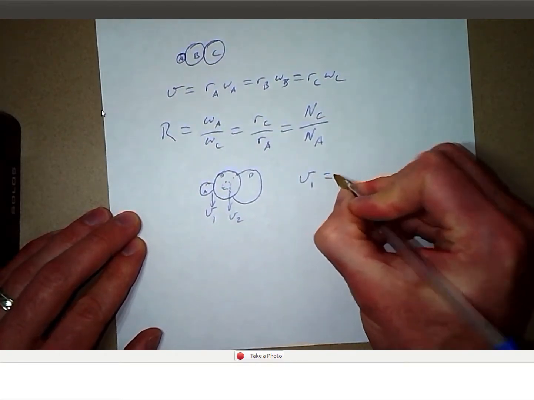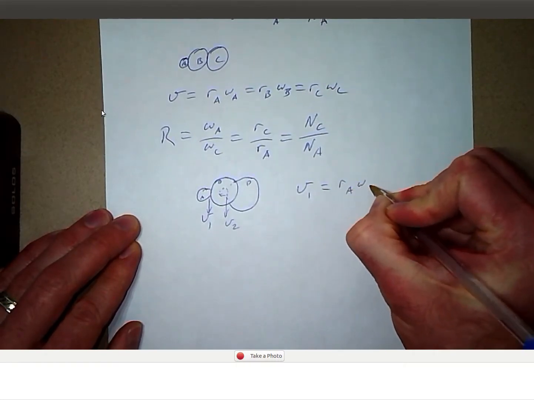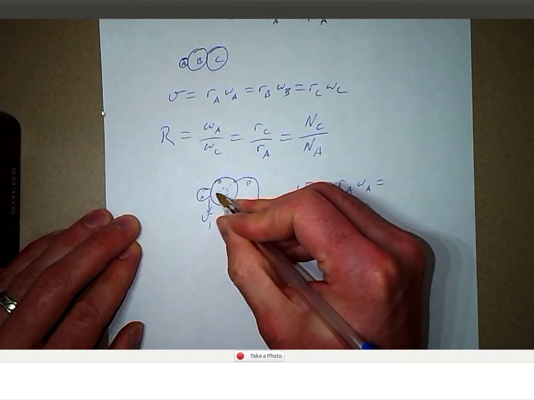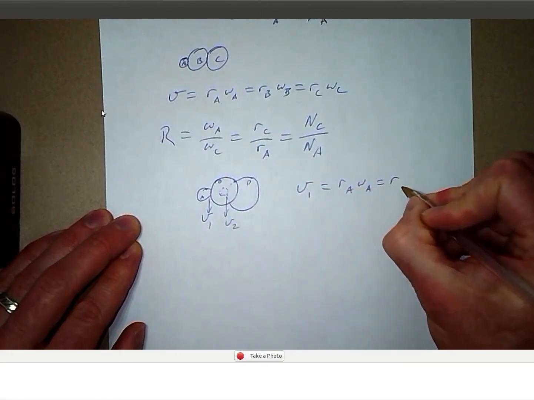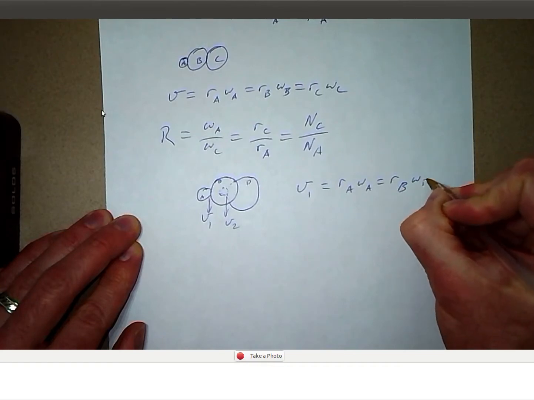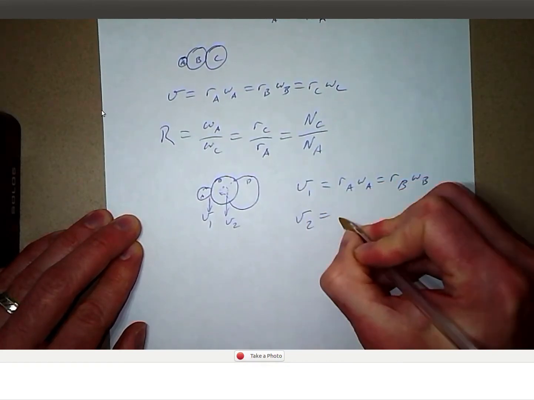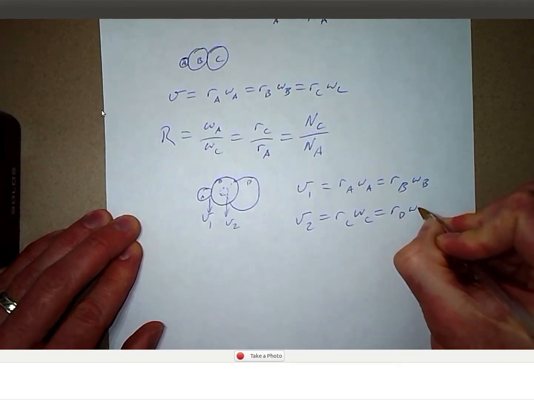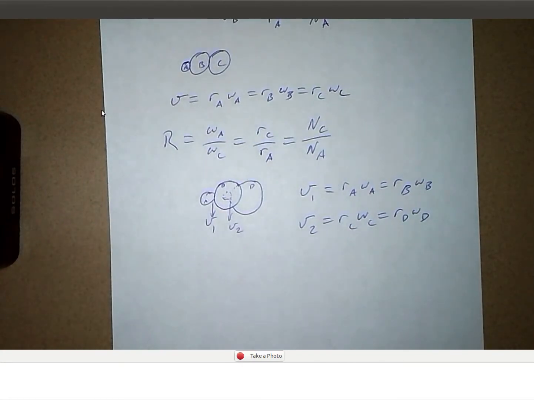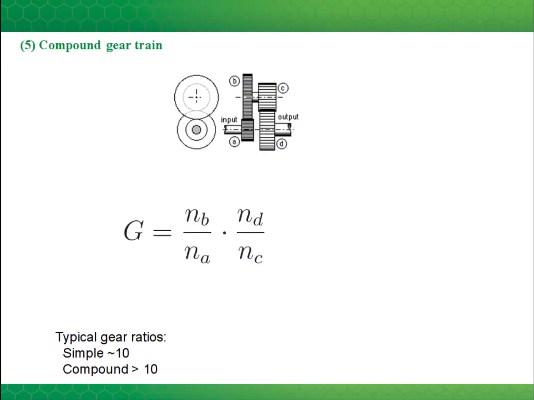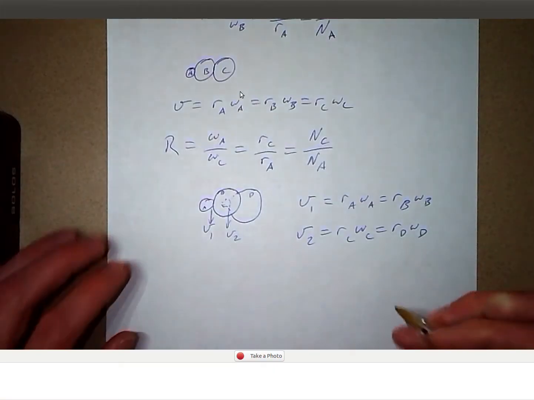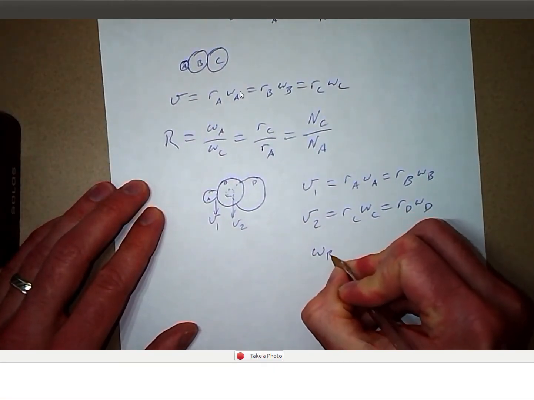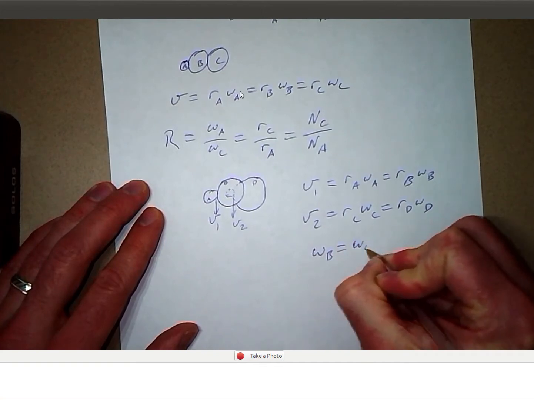V1 is RA omega A, just like we saw before, and since A and B don't slip, that's equal to RB omega B. And V2 is equal to RC omega C, which is equivalent to RD omega D. Now, one thing we know about these angular velocities: the angular velocity of B is equal to the angular velocity of C because they share a shaft. So omega B equals omega C.